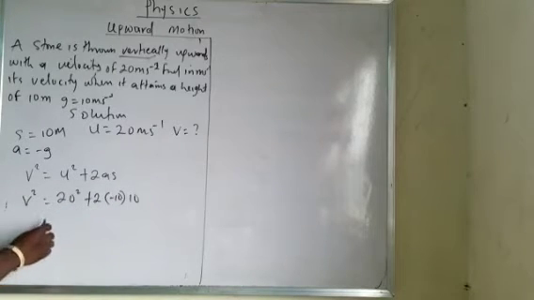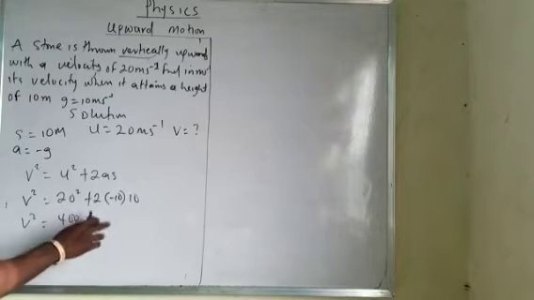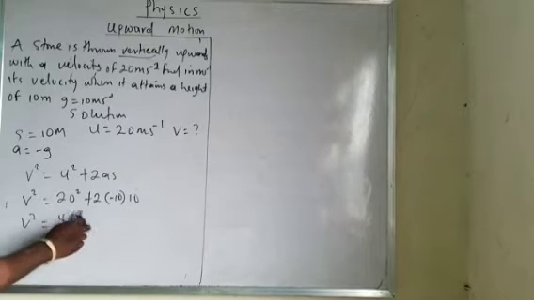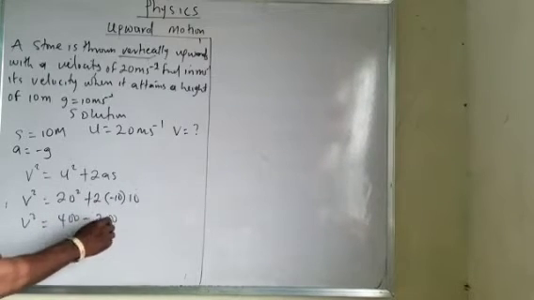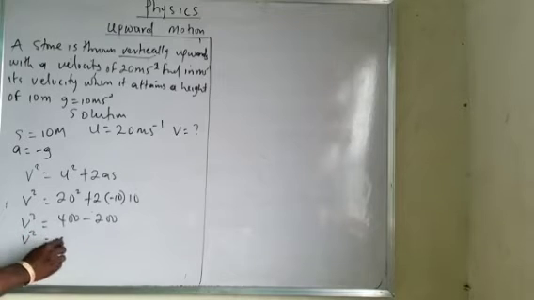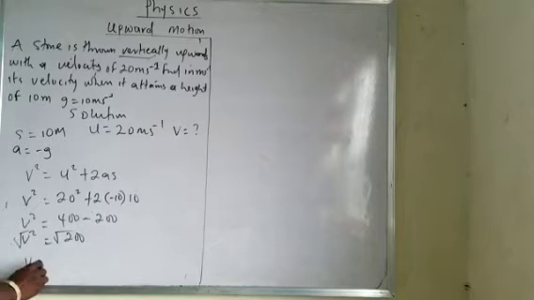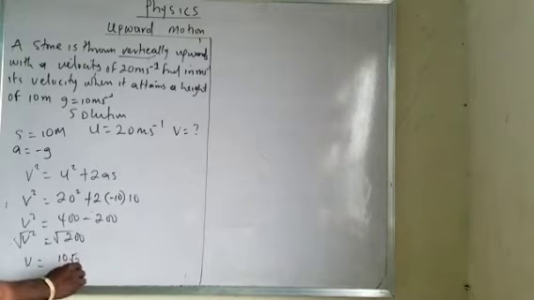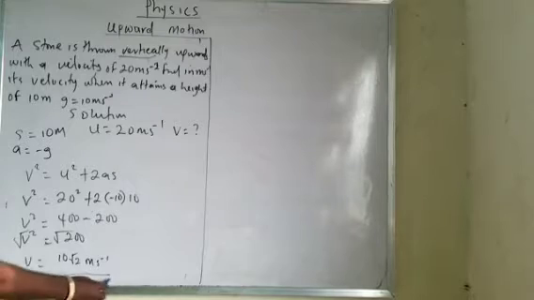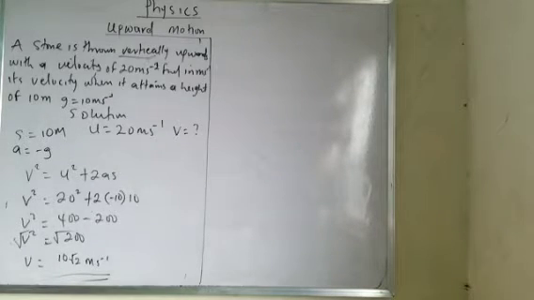I'll have v squared equals 400 minus 200, which is 200. Taking the root of both sides, v equals 10 root 2 meters per second. That is my answer.